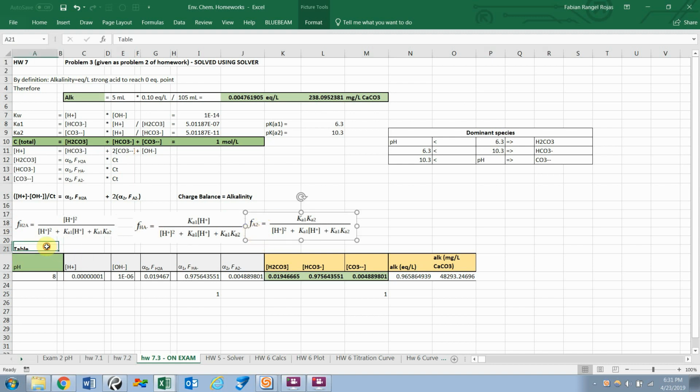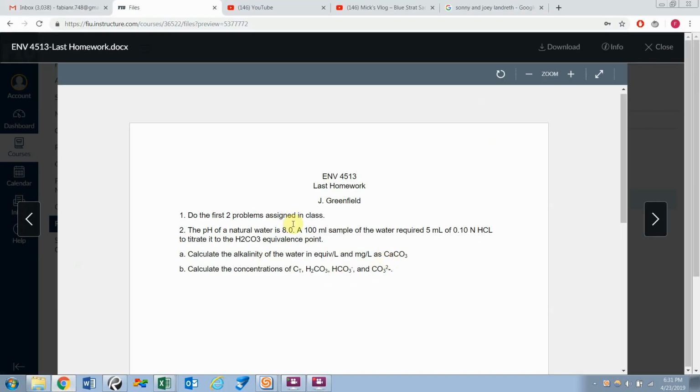Now I have a small table, and I'm going to line these values up so that I can build up to an alkalinity formula equation. The first value is pH. This pH is given to us in the problem statement. It says that it's 8.0.